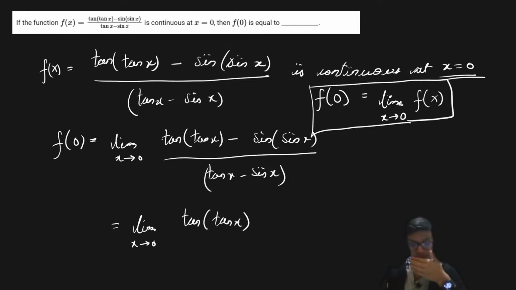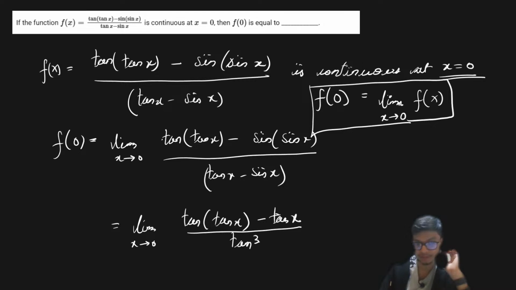But I am going to use a different technique that will look very odd to you, but sometimes the answer comes very easily by this also. I am trying to express this in terms of a different relation, so that I get the limit very easily.